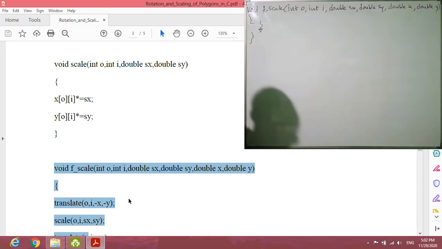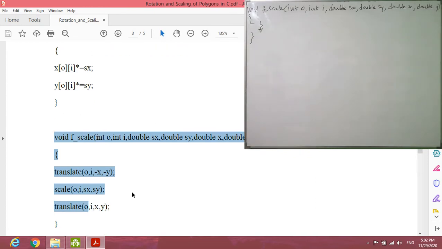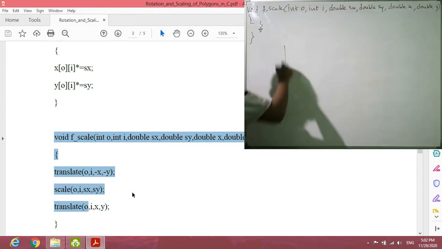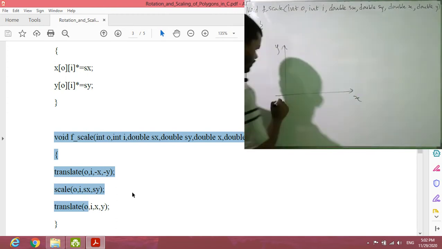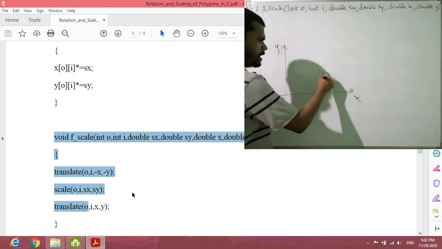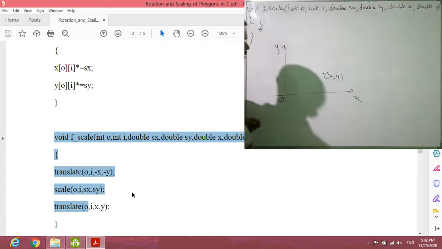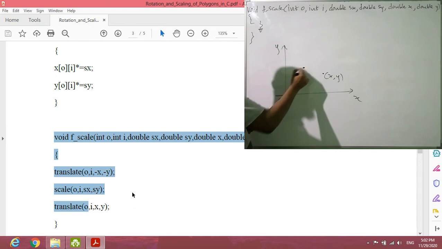Here the f stands for fixed. Fixed means we scale with respect to a pivot point, as in rotation. Let's say with respect to this particular point we want to scale this point.